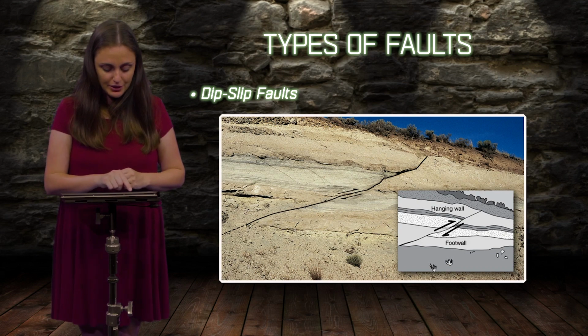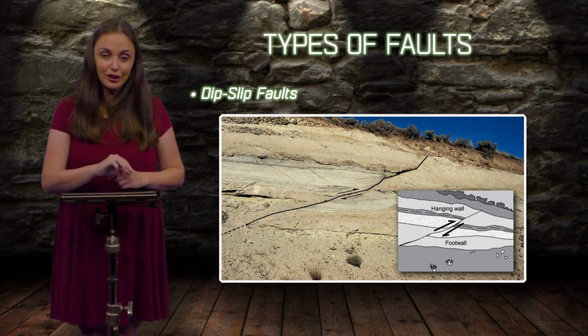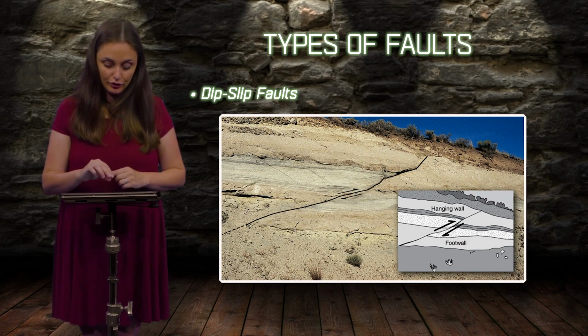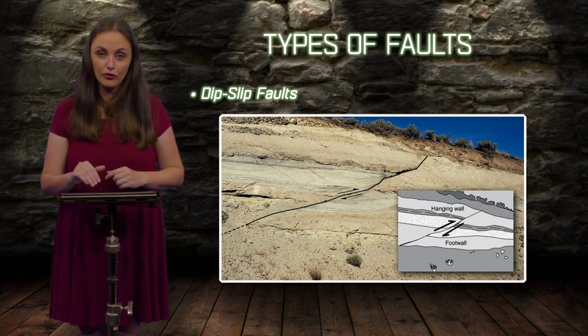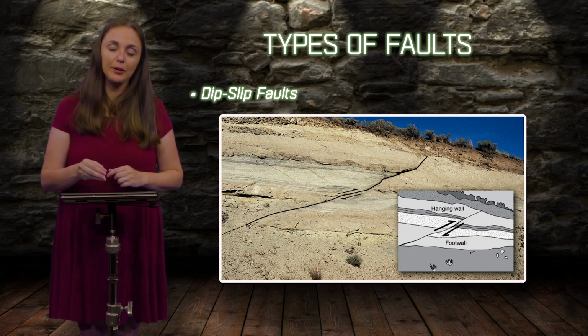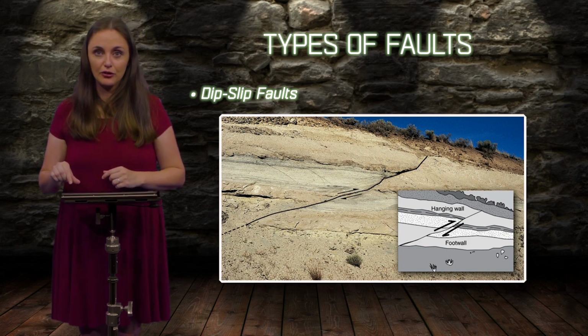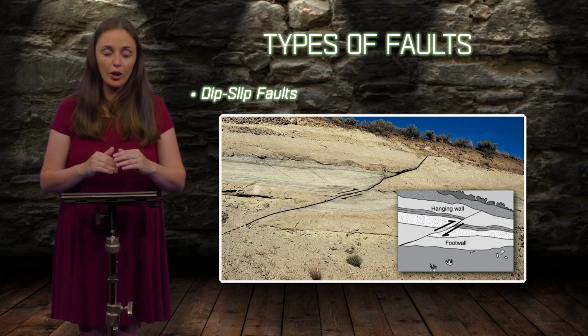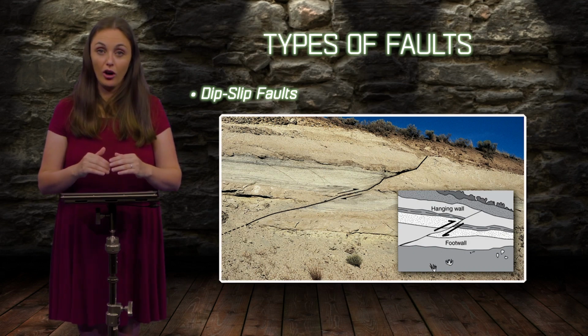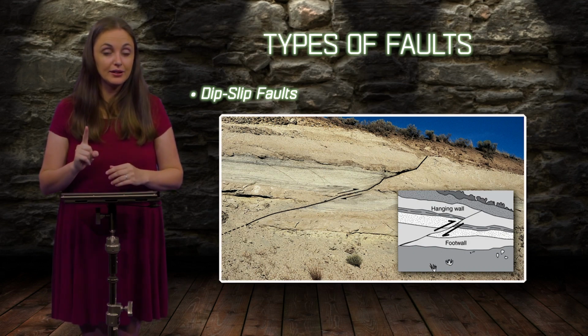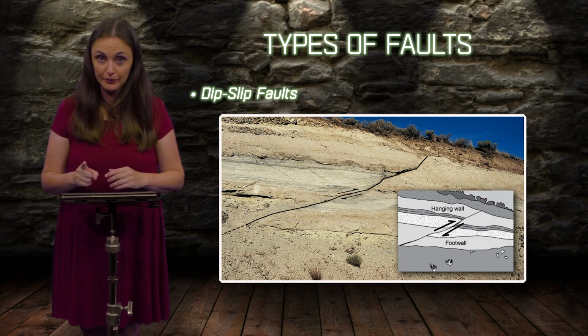But you may be able to see in the image this light gray layer that cuts up to the fault, and then it picks up again a little bit lower down in the image, and then cuts over to the right. So you can see where this layer has been offset. One, that means it's definitely a fault and not a fracture.